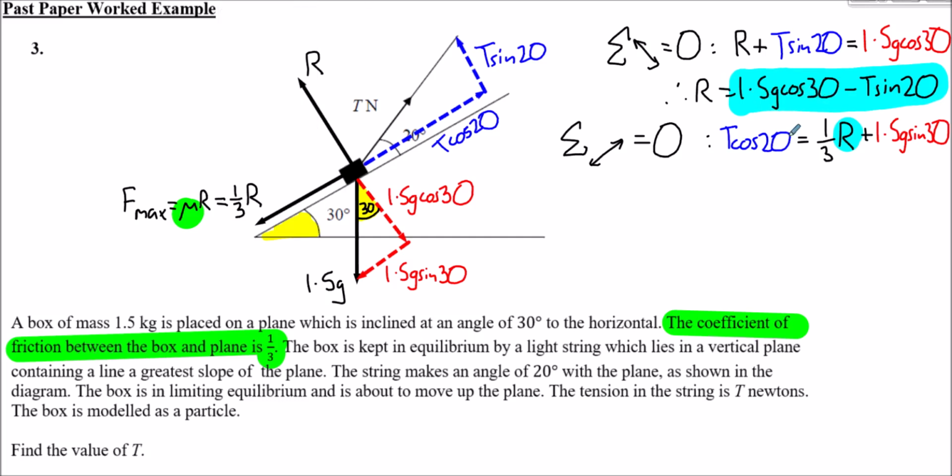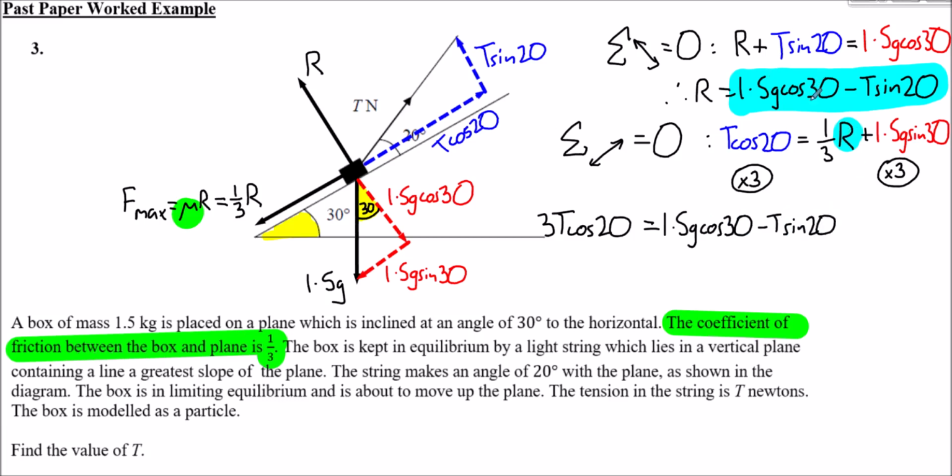So if we sub this in for r, we can also multiply both sides by 3 to get rid of any fractions. This is optional, you don't have to. Then what we'd get would be T cos 20 multiplied by 3, so 3T cos 20. 1/3 r multiplied by 3 would just give us r, and I'm going to put r in this form here: 1.5 g cos 30 minus T sine 20.